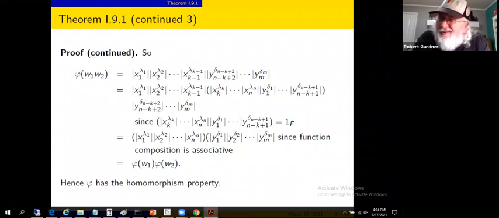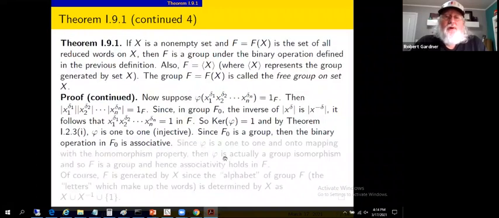Okay, so where are we here? We're trying to show f is a group under the binary operation that we introduced. We know there's an identity, we know there's inverses, and we're working on associativity of the binary operation. Here, we've shown phi is a homomorphism. All right.